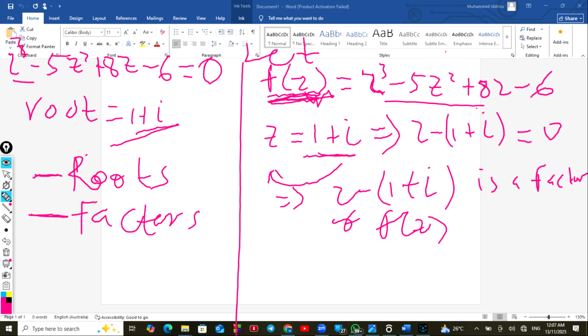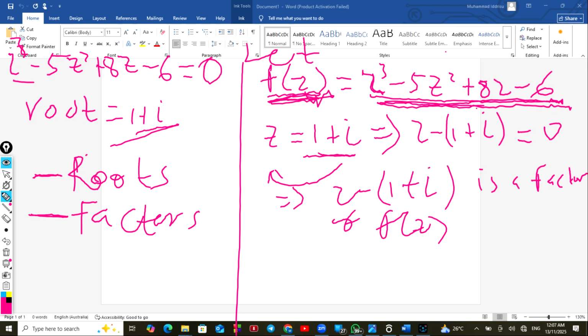But we know that if we are dealing with complex numbers and all the coefficients of the polynomial are what? Real numbers, then the root and its conjugate are also what?